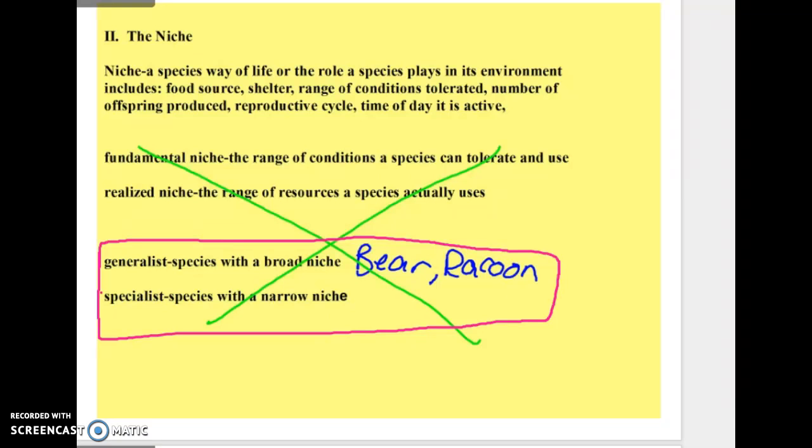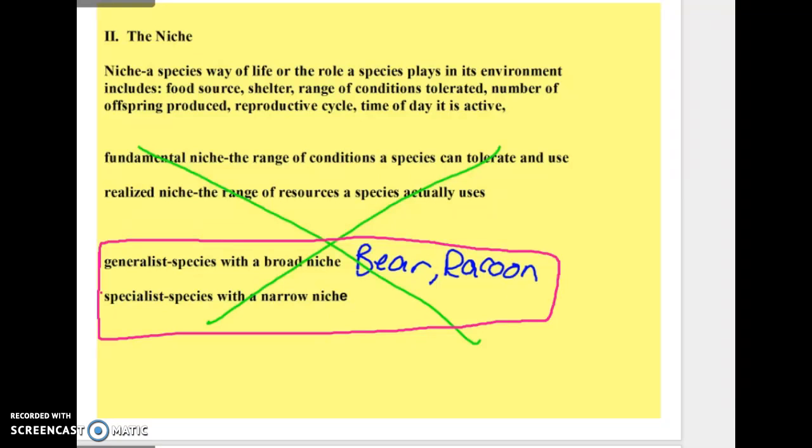Maybe they need super specific areas where they can nest or birth their young. Maybe conditions have to be just right. And so we would say that would be a specialist. A generalist is much more open, much more accepting of changing conditions. They usually can, especially when we talk about food, eat a lot of different things.